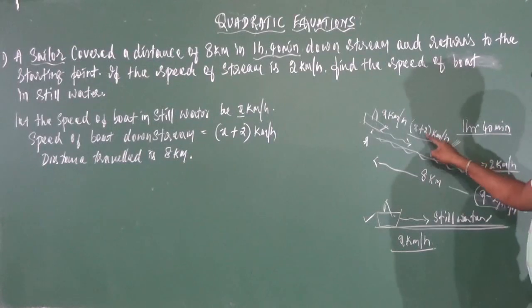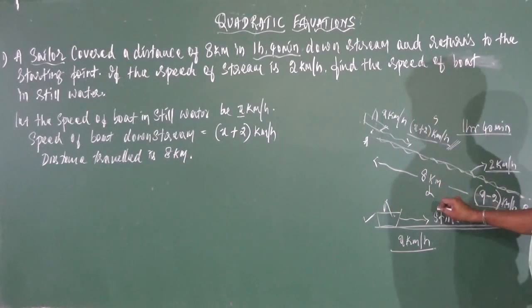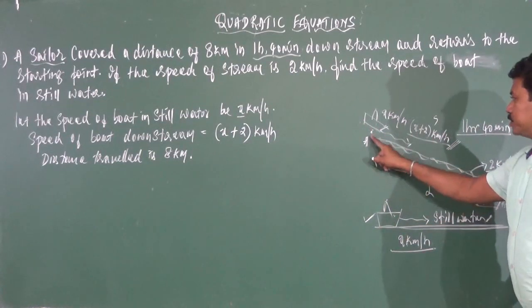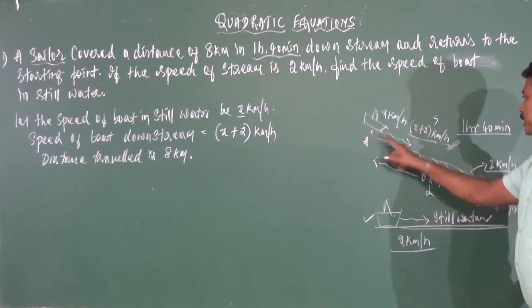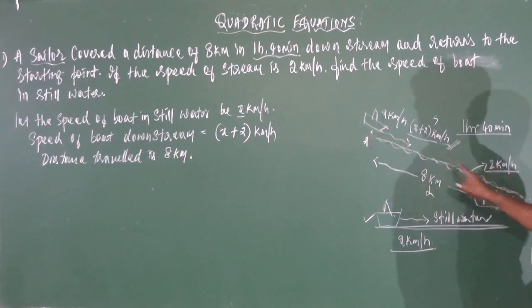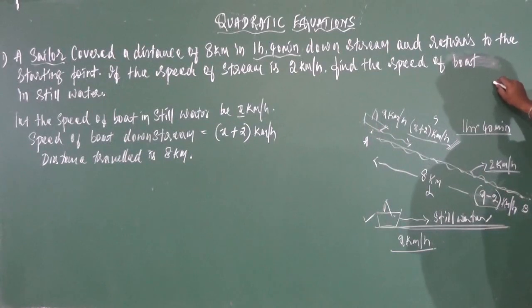Using this speed and distance, we can easily find out the time taken by the boat to reach point B from point A. That is, the time taken by the boat to travel from point A to point B is given by time is equal to distance by speed.